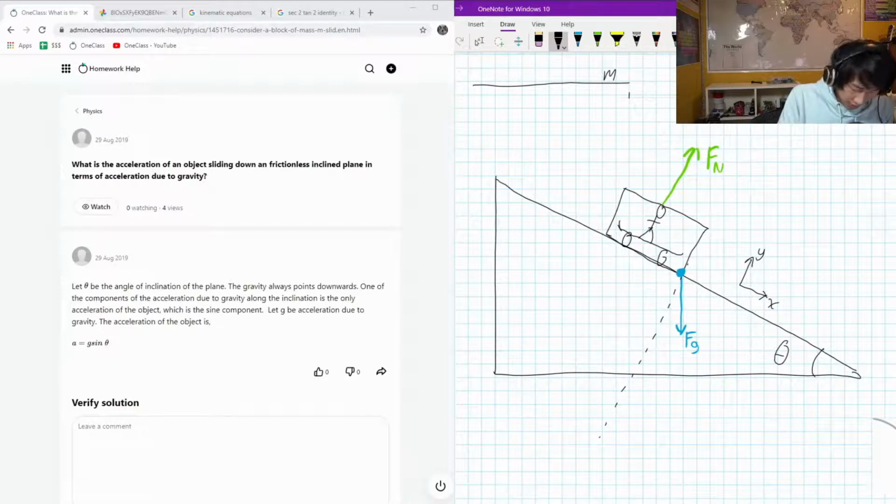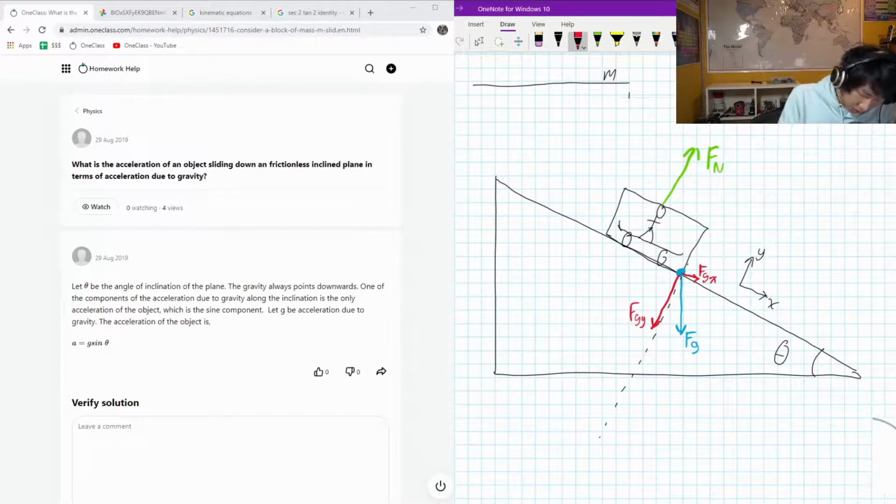Okay, so what's going to happen here is we know that our gravity, we can break this down into components. Let's make the components a different color, maybe in red, like a raspberry. Here we have our Fgy, and here we have our Fgx.